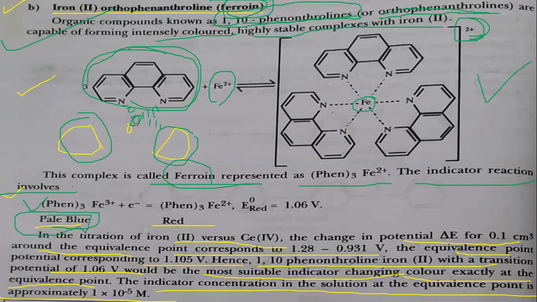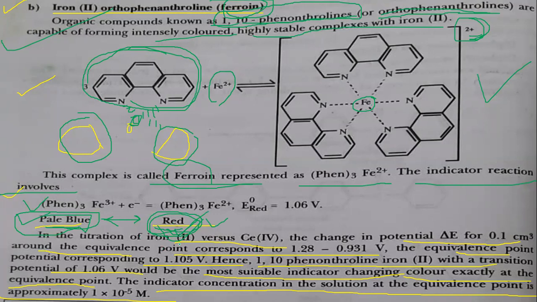When it takes an electron, it undergoes reduction, and in reduced form it is red in color. These different colors are helpful for us to use this as an indicator for the redox titration.